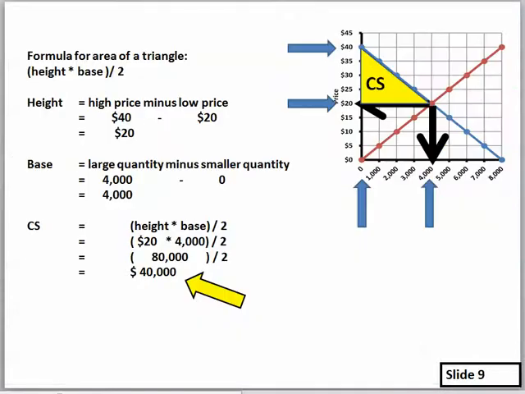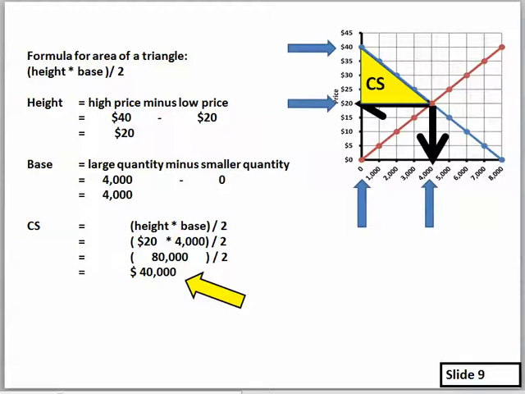Now, we also went through how to calculate these various consumer surplus and producer surplus, and we followed a format similar to what the assignment problem was going to be. We saw that we had to compute the area of a triangle. We used the formula for the area of a right triangle, height times base divided by 2.